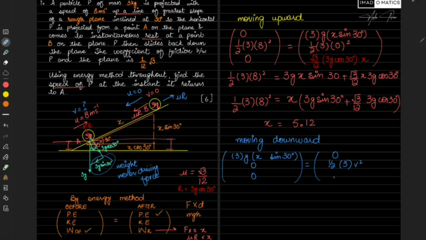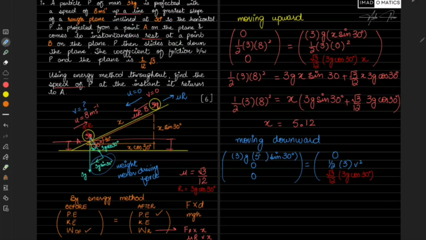And the work done by the resistive force would be the same, mu R times the distance covered, that is x. So I'm taking the same, mu is root 3 over 12, R is 3g cos 30, and x.